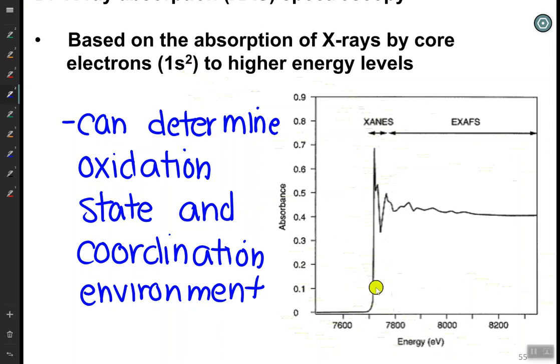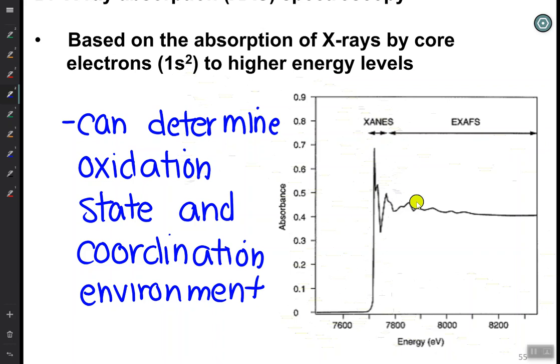This gives us information about the oxidation state, because the energy at which that happens will be different, for example, between iron 2 versus iron 3. But just by looking at the XANES peaks, you can sometimes assign the oxidation state.